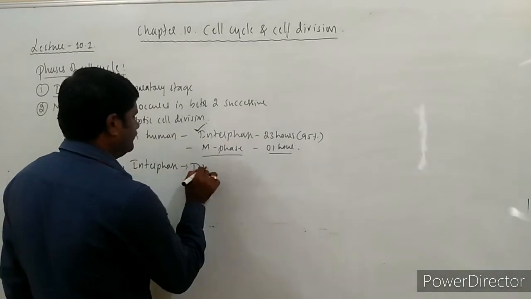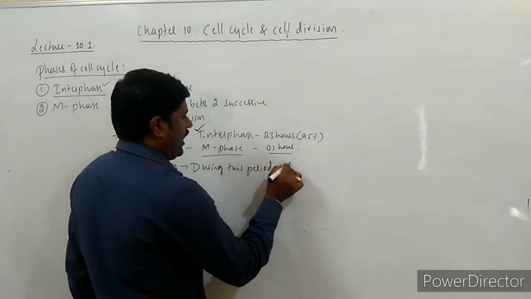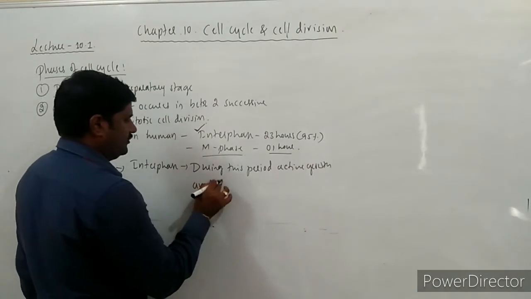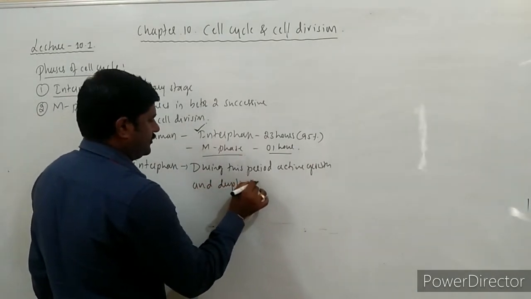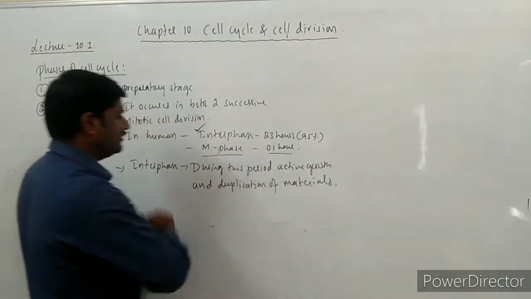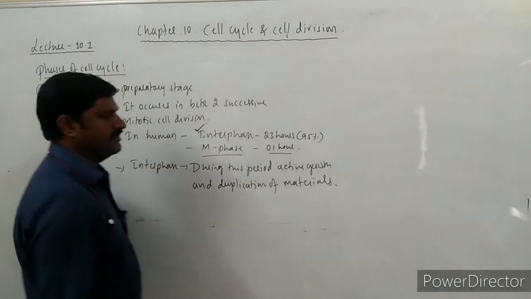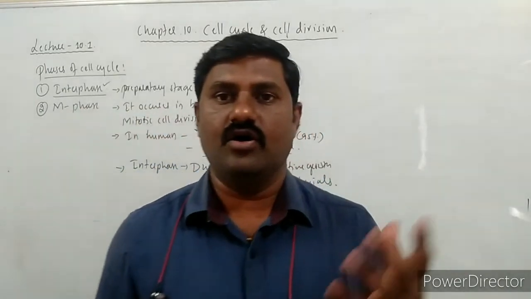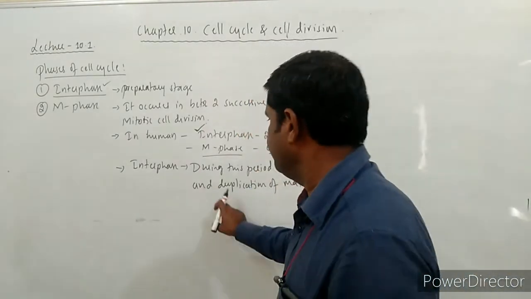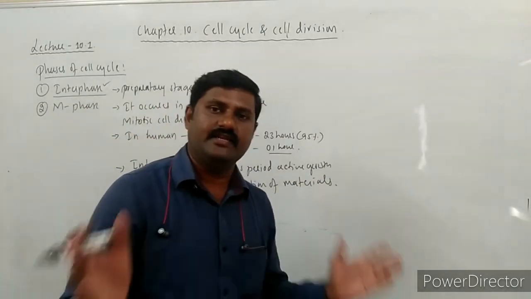So during this period, active growth and duplication of materials is taking place during interphase. Highly intense active cell growth as well as duplication of the materials is taking place in this interphase. But in the case of M phase, the cell simply divides.